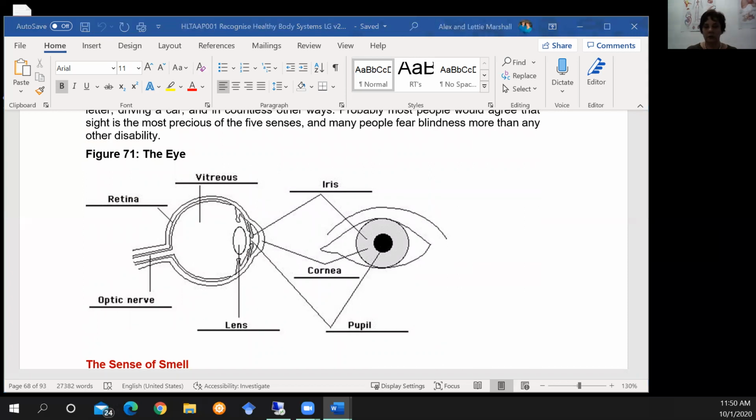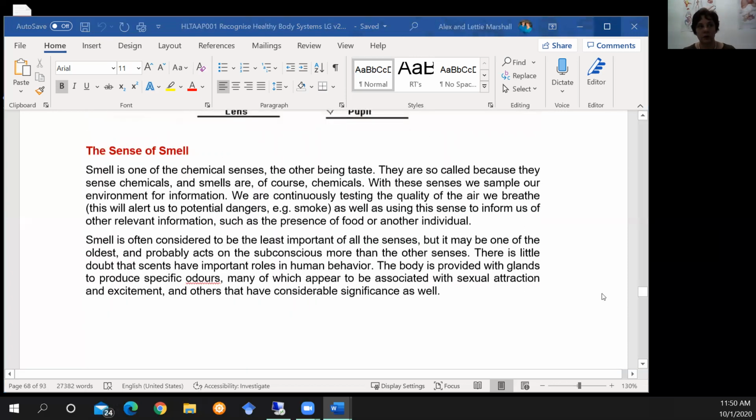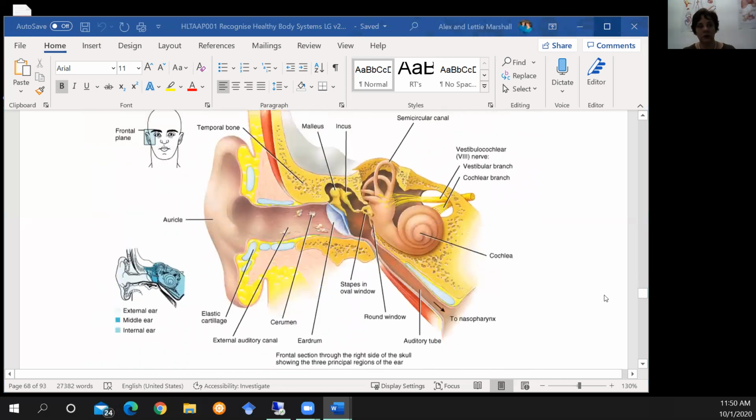I don't have, except page 69, and it's not the diagram. 69. Okay, I think I might have that diagram on mine. No, I might just go grab that and then you can copy from there.